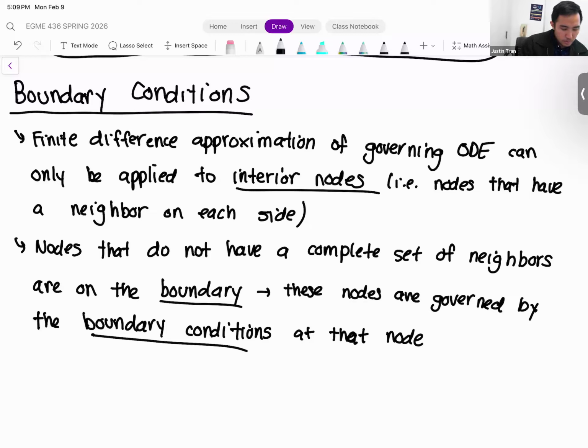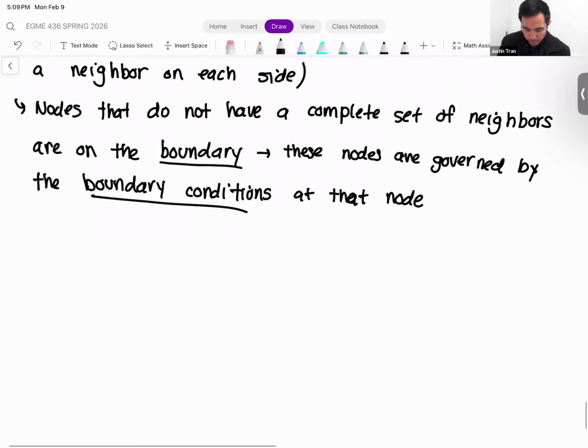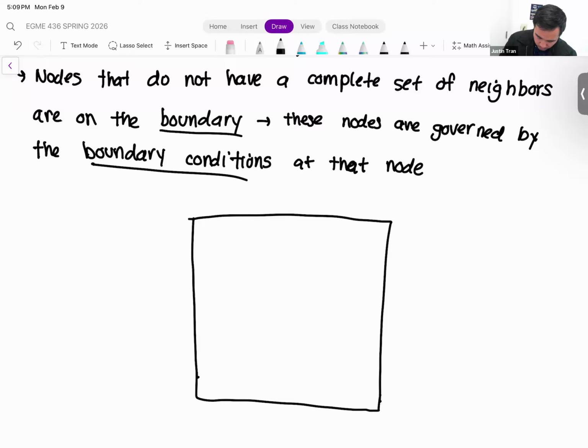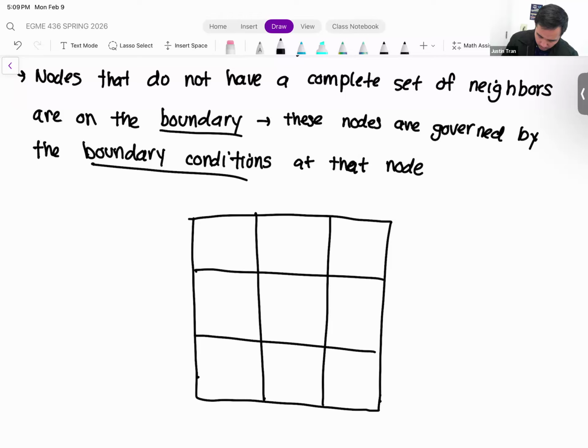Okay, so let's draw a typical domain again, and let's show what you would typically see. All right, so we're once again looking at our tic-tac-toe square thing, right?